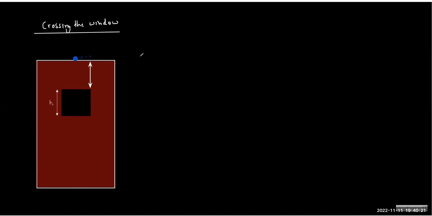What is given to you is that this ball crosses the window in 1 second. So find capital H. What is given to you?